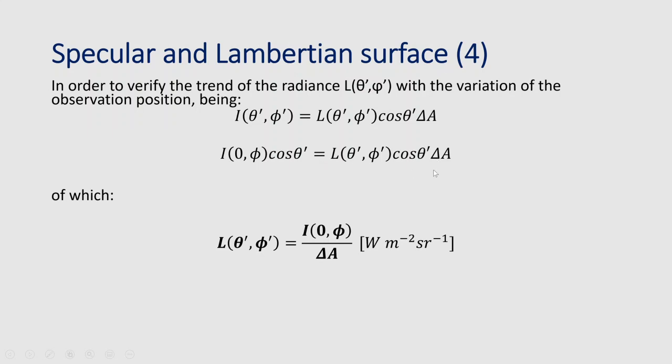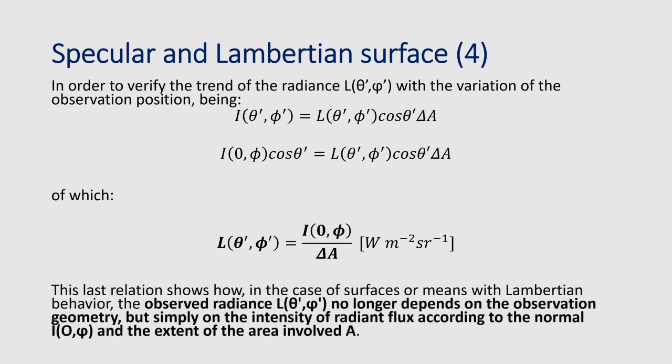From this last relation, in the case of surfaces or media with Lambertian behavior, because we are talking about Lambertian surfaces, the observed radiance L, this one here, no longer depends on the observation geometry, but simply on the intensity of the radiant flux, according to the normal and to the extent of the area involved A.